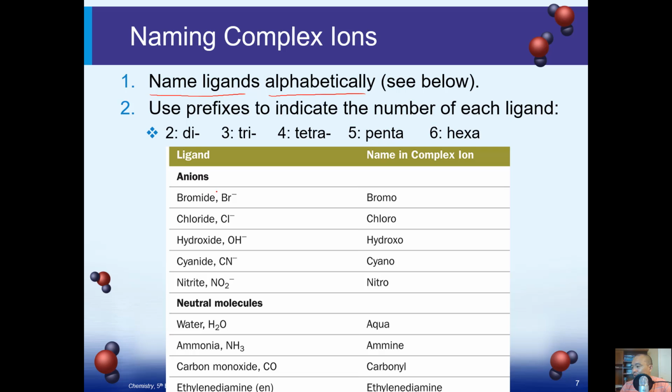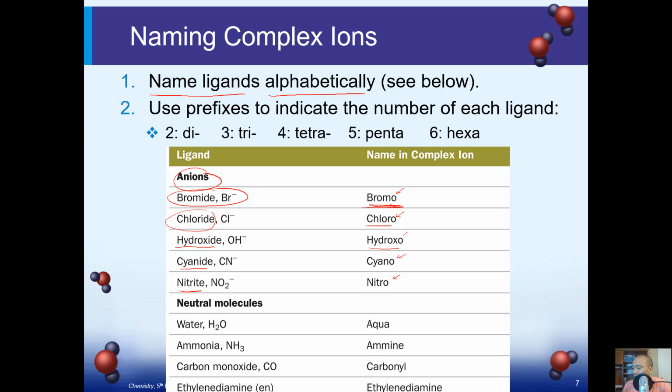For example, if a bromide is serving as a ligand, it becomes bromo in the complex. If it's a chloride, it becomes chloro. They have an O ending, as you might have noticed. If it's hydroxide, it becomes hydroxo. If it's cyanide, it becomes cyano. Nitrite becomes nitro, etc. These are anion ligands.